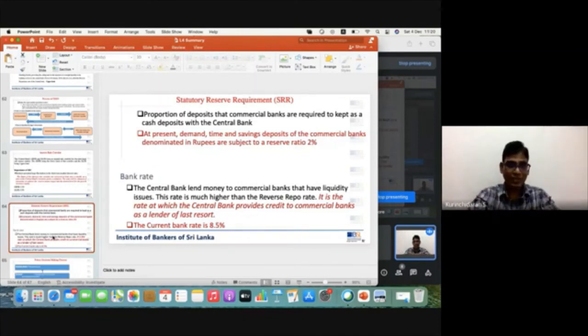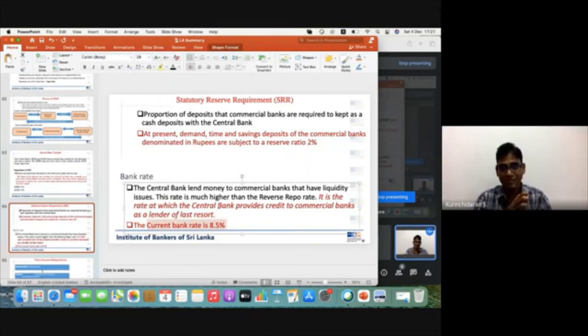Now let's assume you are going to give your security to borrow at this rate. So your borrowing rate is pegged by this 8.5%, and that will be translated into your rate. Most of the time, the influence of the bank rate is very low.